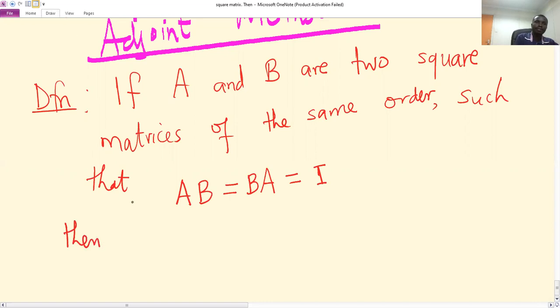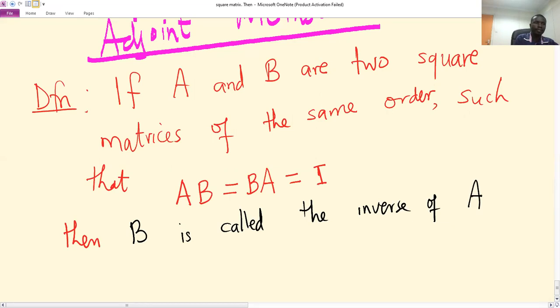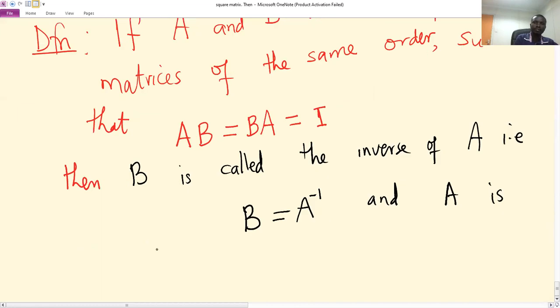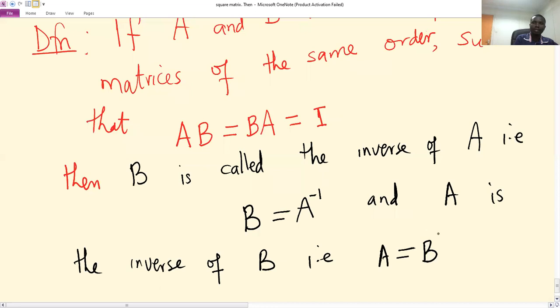B is called the inverse of A, i.e. B equals A inverse, and A is the inverse of B. So this is to say A is B inverse.